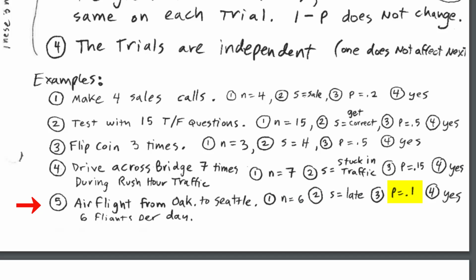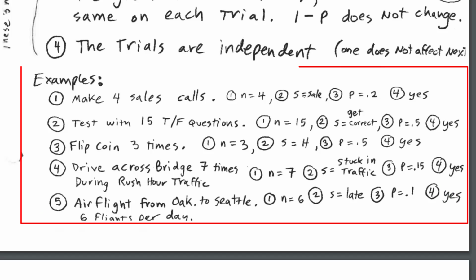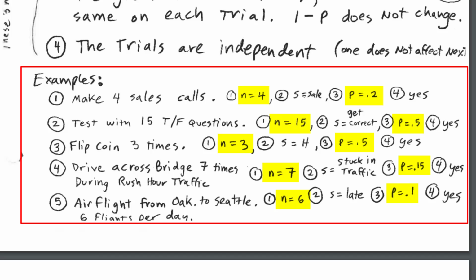The probability is 0.1, and it stays the same for each trial. And yes, we can assume independence for each flight. For all of these experiments with the simple n input and a known probability of success, we can use the math formula or the Excel functions to calculate our probabilities.